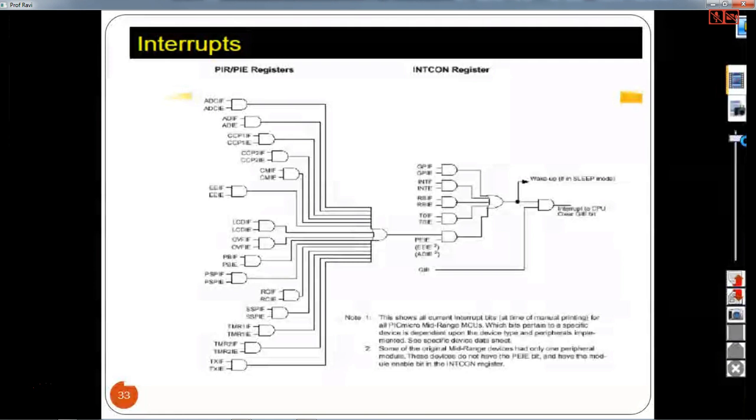So the RAM of 8051 is only 128 bytes in total, but here it has how much? 328. EEPROM is of 8K and 14 bits, but it is bytes. That is the difference. Okay.